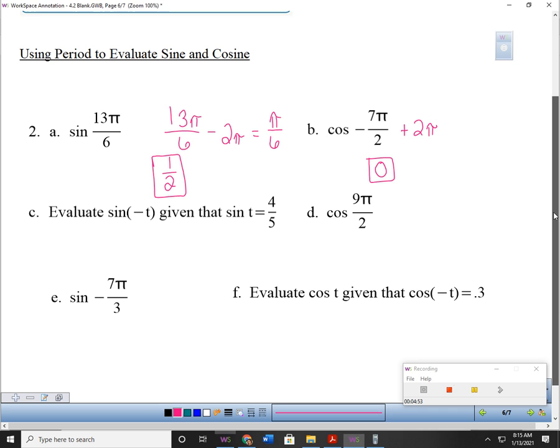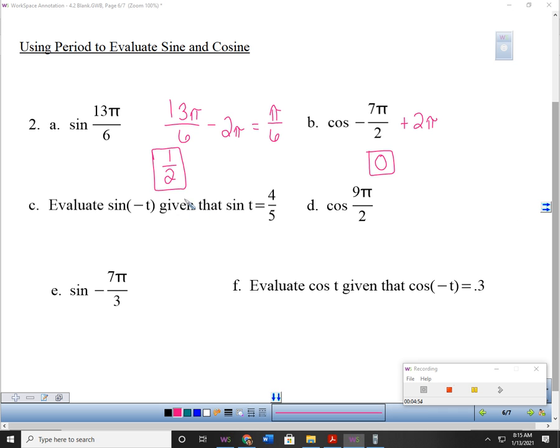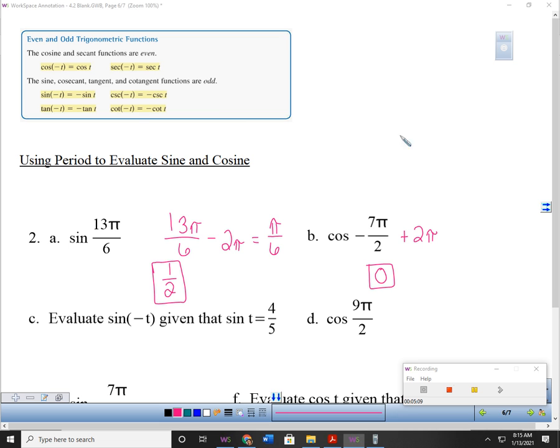So this is telling me, given that sine of this angle is 4 over 5, they want me to find sine of the negative angle. Well, it just said that the sine of the negative angle is equal to the sine of that positive angle, but with a negative. All right?